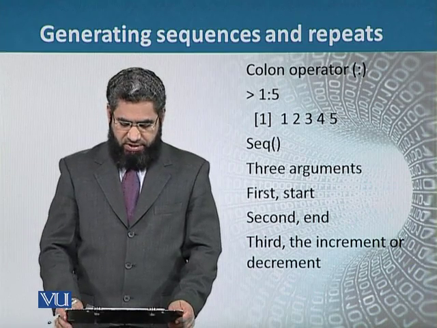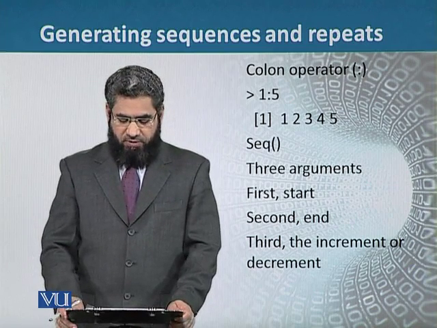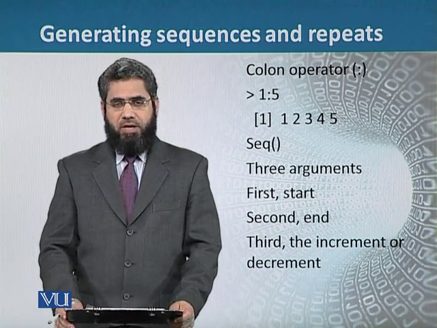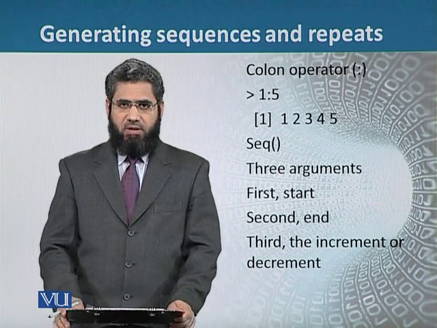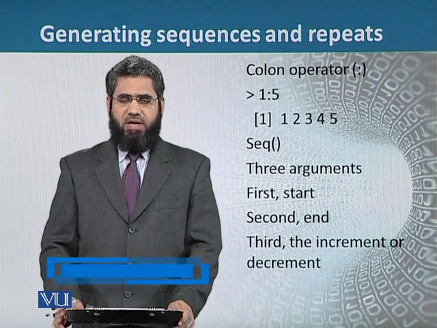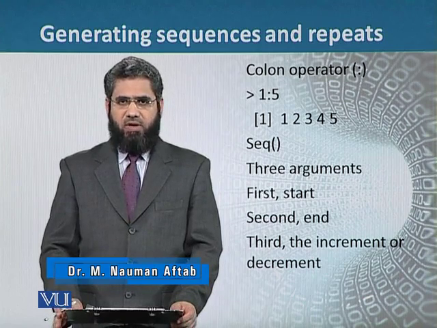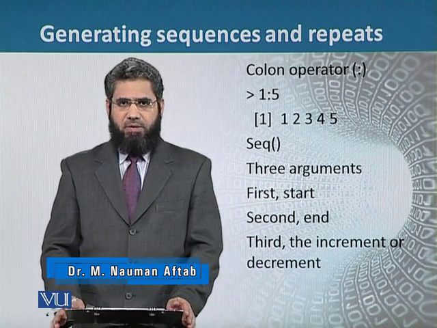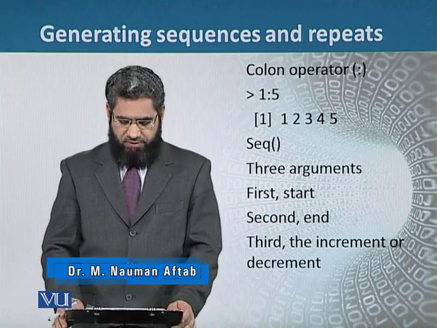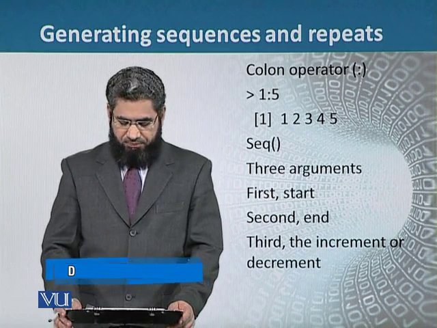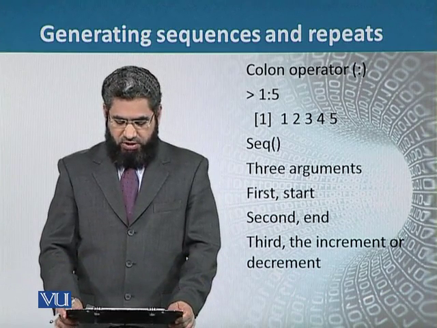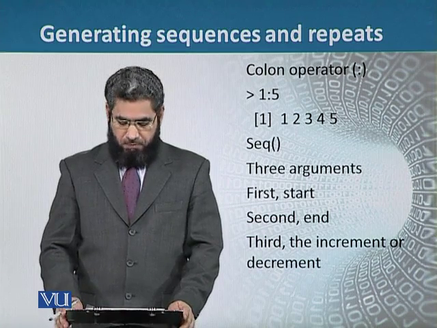For example, in this case, a colon is written between 1 and 5. It means the numbers will start from 1 and end at 5, and in between there are 2, 3 and 4. So in total we'll get 1, 2, 3, 4 and 5.